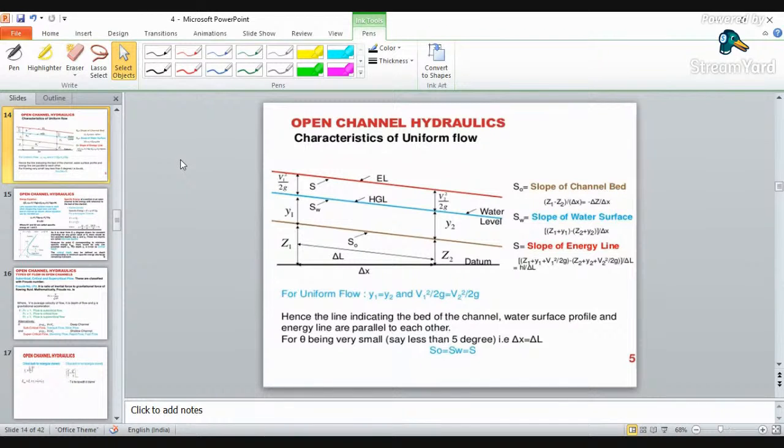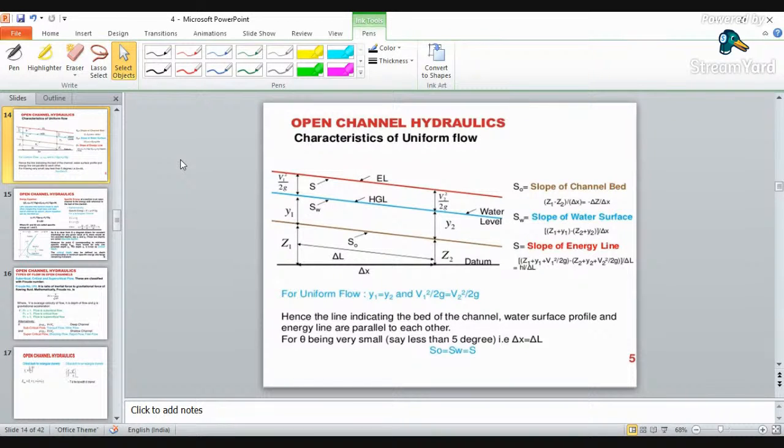So the bed of the section is at a distance of z from the datum line. Then there is a layer of water on that bed, at a distance of y. Then there is one more imaginary line, and that is nothing but your potential head.